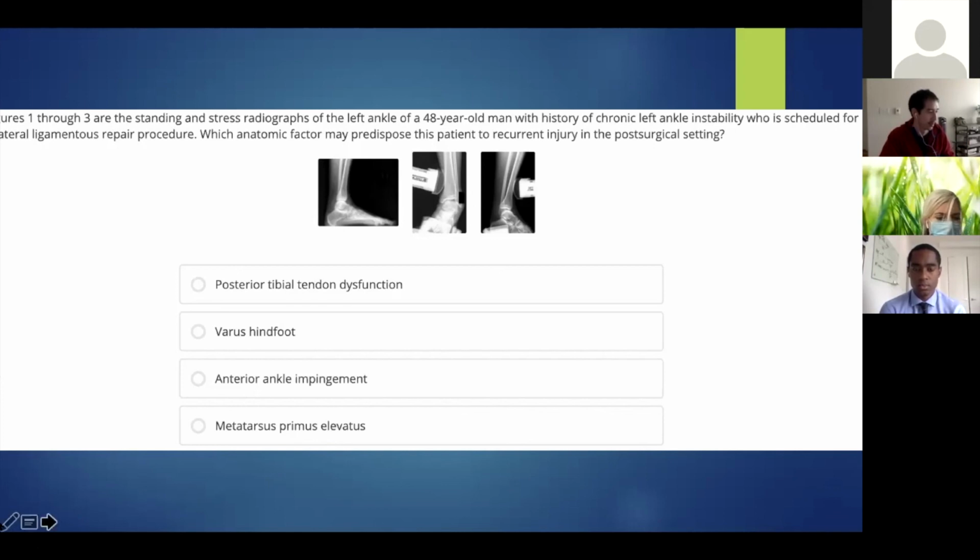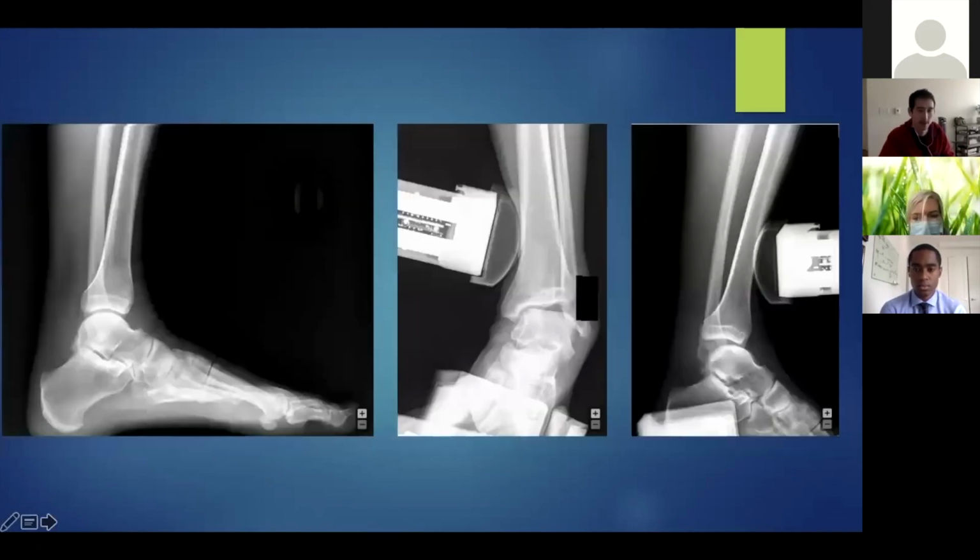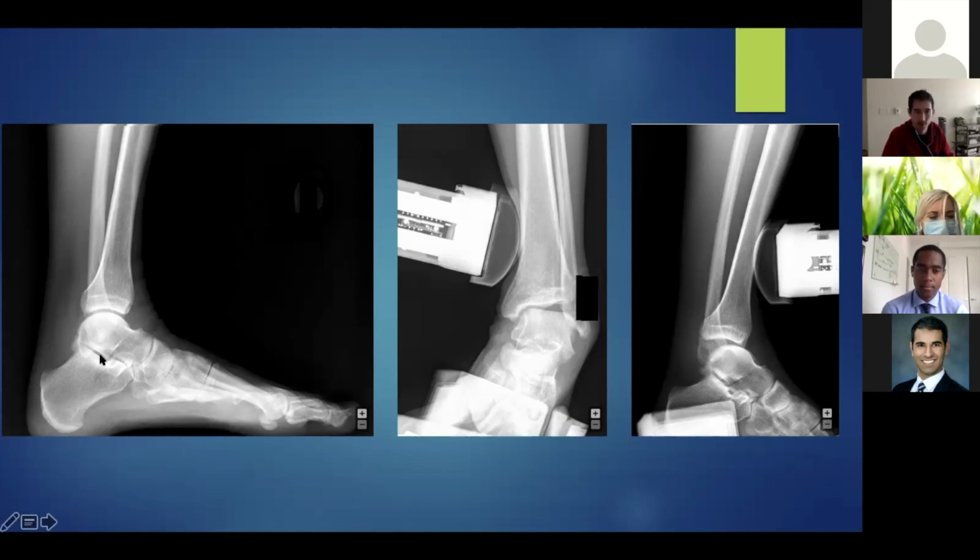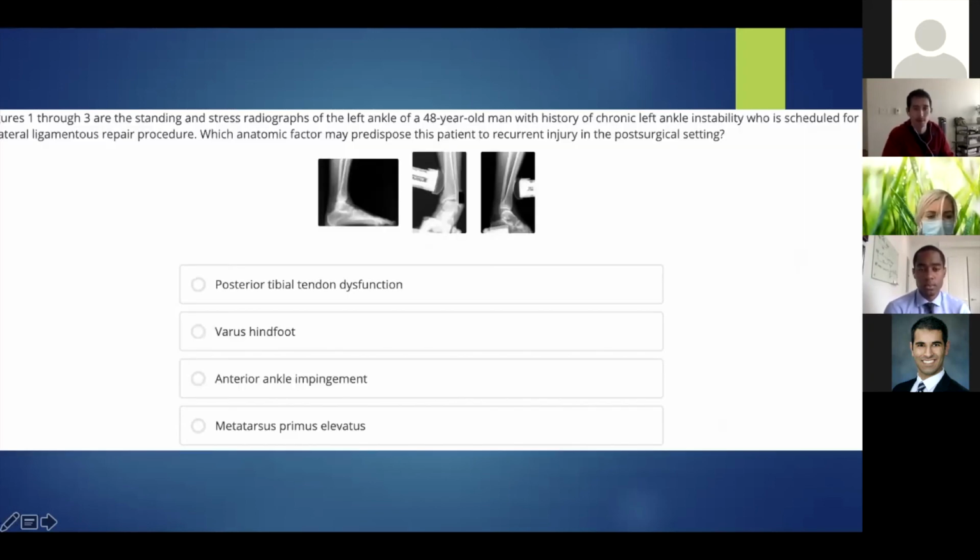Okay, so what do you see there? So this is obvious, right? They're showing you, this is what you're going to see on a test. These are kind of obvious, unlike the last one that Sasha answered. But what do you see? He has hindfoot varus, I think. Right, exactly. You can see a tall calf pitch, really high. So that would be, back to the answer choices, varus hindfoot. Right.